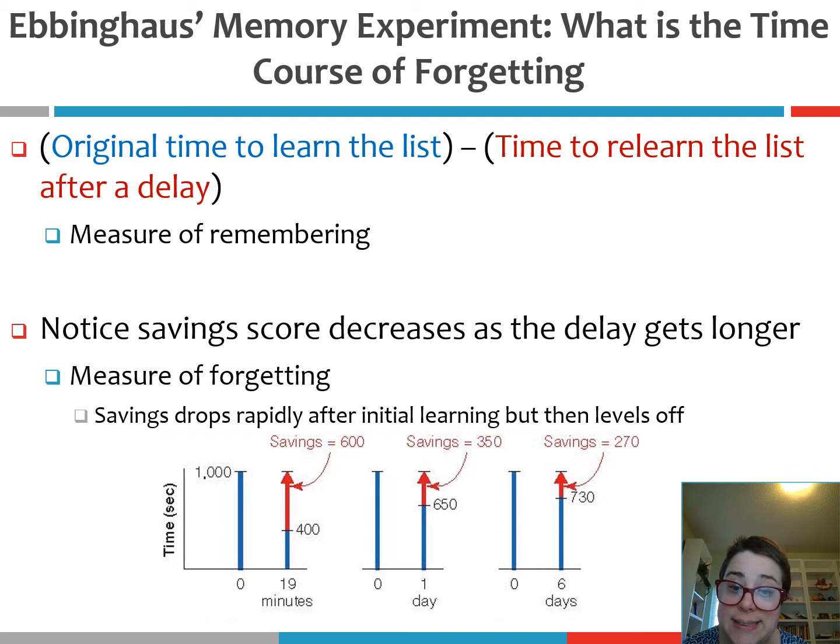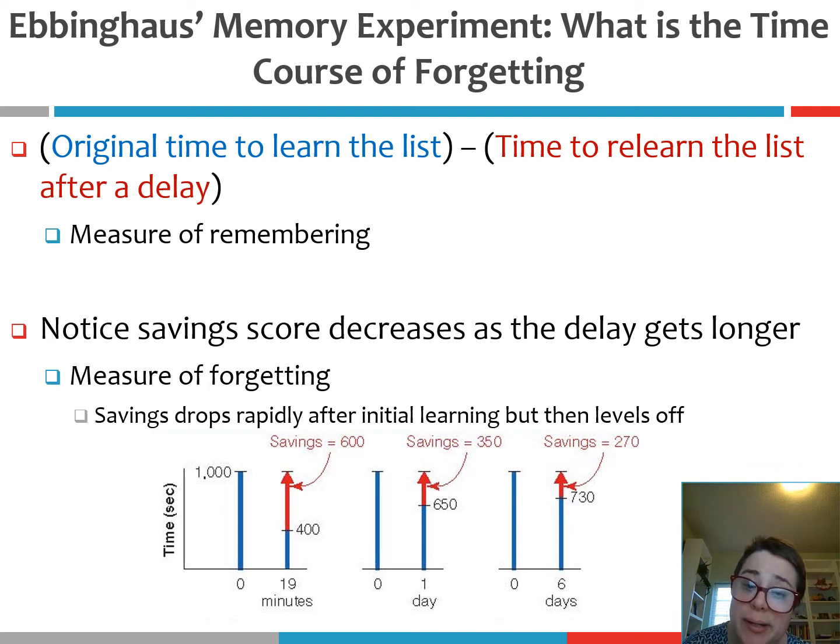So in this example, as shown by the blue bars, it took him 1,000 seconds to initially learn this list of nonsense syllables. And then he waited 19 minutes before attempting to relearn the list. And he was able to relearn the list in about 400 seconds, right? So his savings was about 600 seconds.